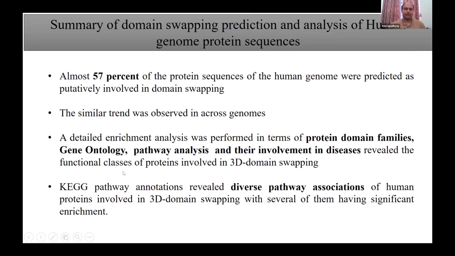Side by side, we also looked at KEGG pathway annotations, which revealed that diverse pathway annotations of these human proteins involved in domain swapping were enriched. So that part was also looked into in detail. So this is about the application of this model in the human genome.